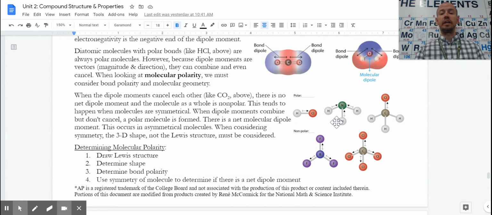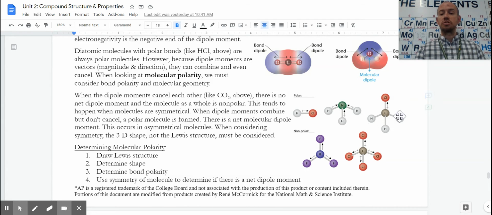So we've got some polar examples here. A diatomic molecule is really easy. We just look, is the bond polar or not? But here, NH3, kind of like water, has a lone pair. So in one direction, there's electrons. Those are not canceled out by electrons in the other directions. So it is polar overall.